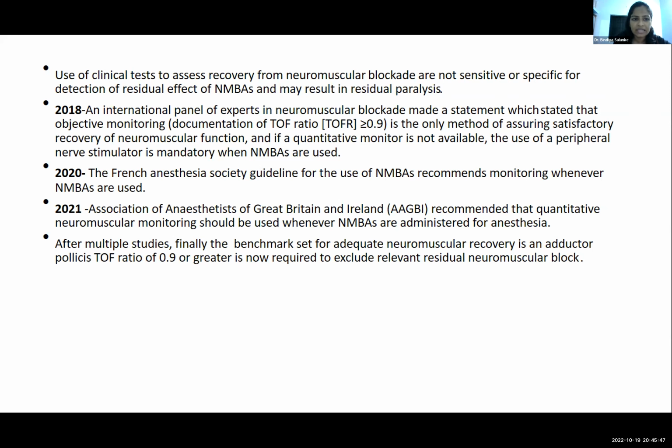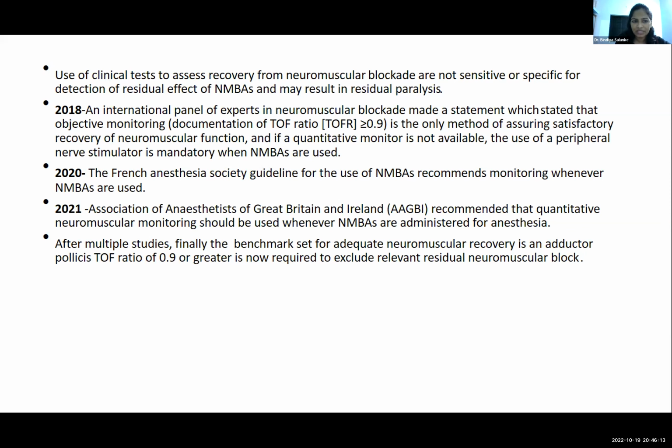That's why in 2018, an international panel of experts in neuromuscular blockade made a statement that objective monitoring, that is documentation of train-of-four ratio of more than or equal to 0.9, is the only method of assuring the satisfactory recovery of neuromuscular function. And if a quantitative monitor is not available, the use of a peripheral nerve stimulator is mandatory when neuromuscular blocking agents are used.